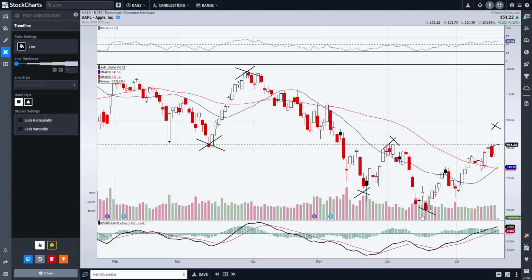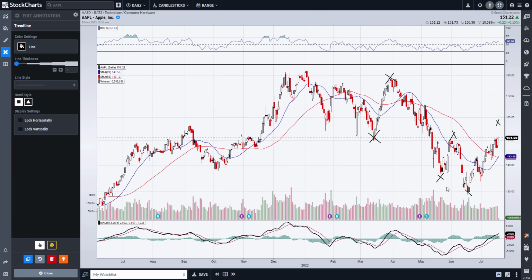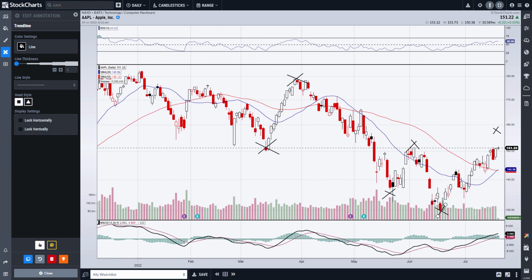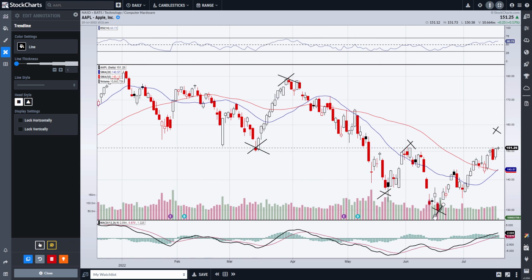This intermediate low back here, I don't know why my drawing tool won't draw, so I'll mark this intermediate low here. The next one, assuming we go to a higher high here, the next one that sinks back should establish a higher low, and away we go into a bullish market trend.